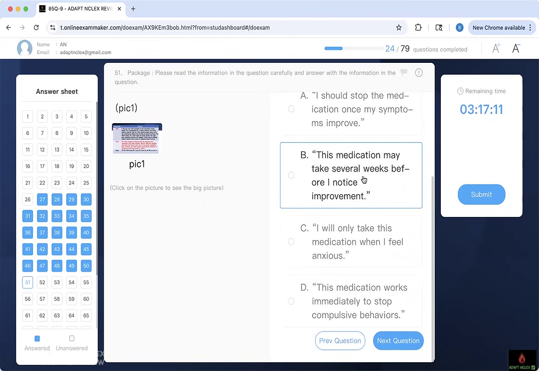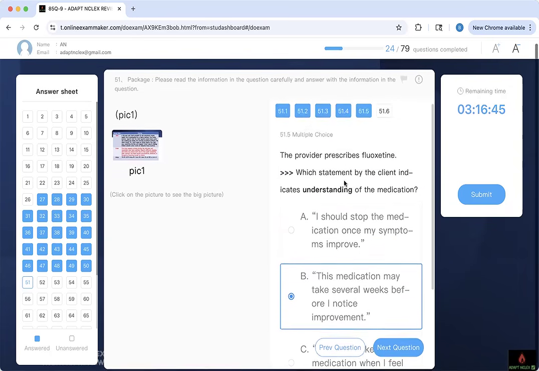Test-taking strategy. It's a bunch of conflicting statements. Use that to your advantage. What are the conflicting answers? B said the medication may take several weeks. And D said, what? This medication works immediately to stop compulsive behavior. It does not. Therefore, B is better, right? That's the key.